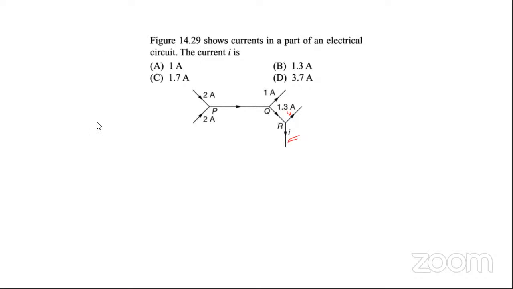Yes, Kritika, right answer. Yes, it's the right answer.